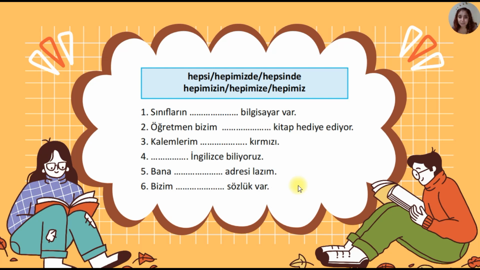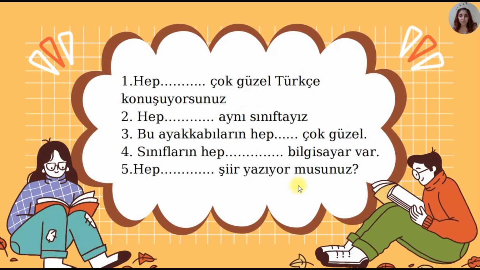But the exact translation of it is on you. Sende sözlük var mı? Is there a dictionary on you? It means, do you have a dictionary? And the last sentence says, bizim hepimizde, means on all of us. It means we have all. We all have a dictionary. Bizim hepimizde sözlük var. Okay, one more.